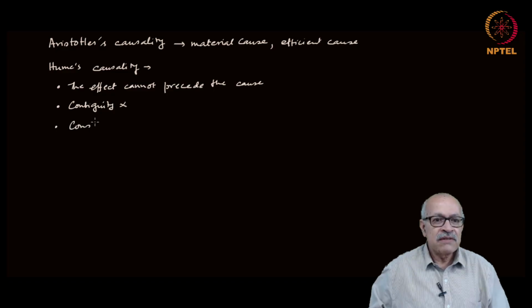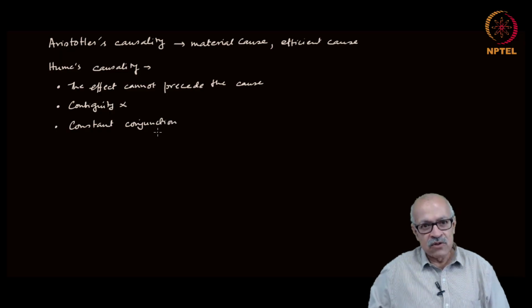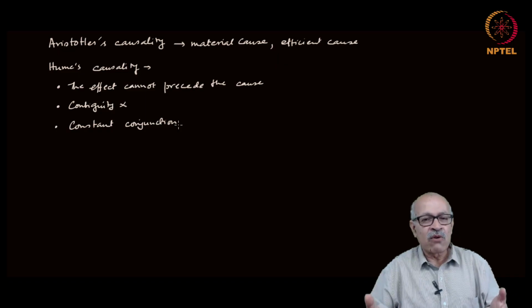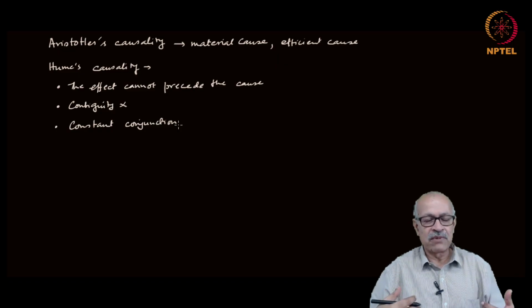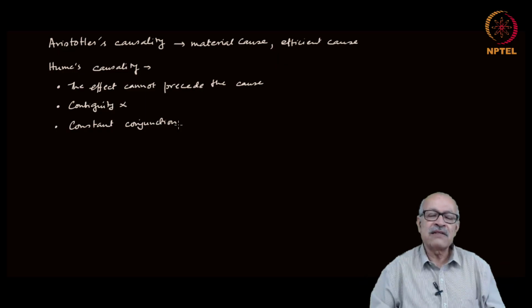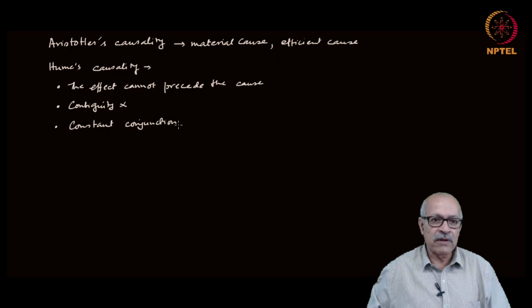Constant conjunction: whenever the cause happens, the effect should happen, that means always should happen. Now, that has also been abandoned because of the situation that a particular causative agent for a disease, for example, if that is present, that does not cause the disease always in all humans, because there are other factors that can prevent it from occurring.